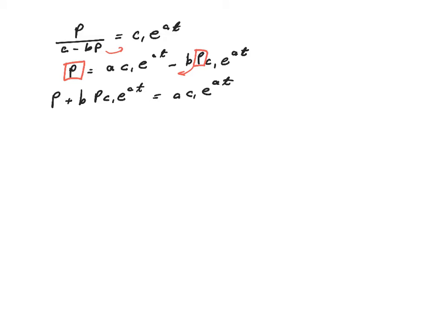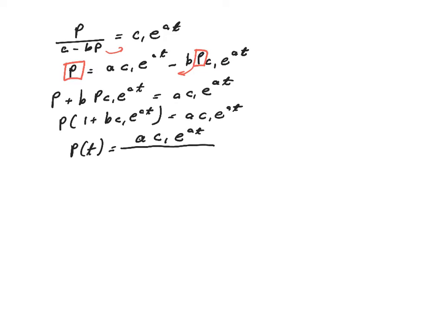Now I can factor out a P. So I have P times 1 plus B C1 e to the AT is equal to A C1 e to the AT, and then I can divide everything through. So now I'll have P of t is just equal to A C1 e to the AT divided by 1 plus B times C1 e to the AT.